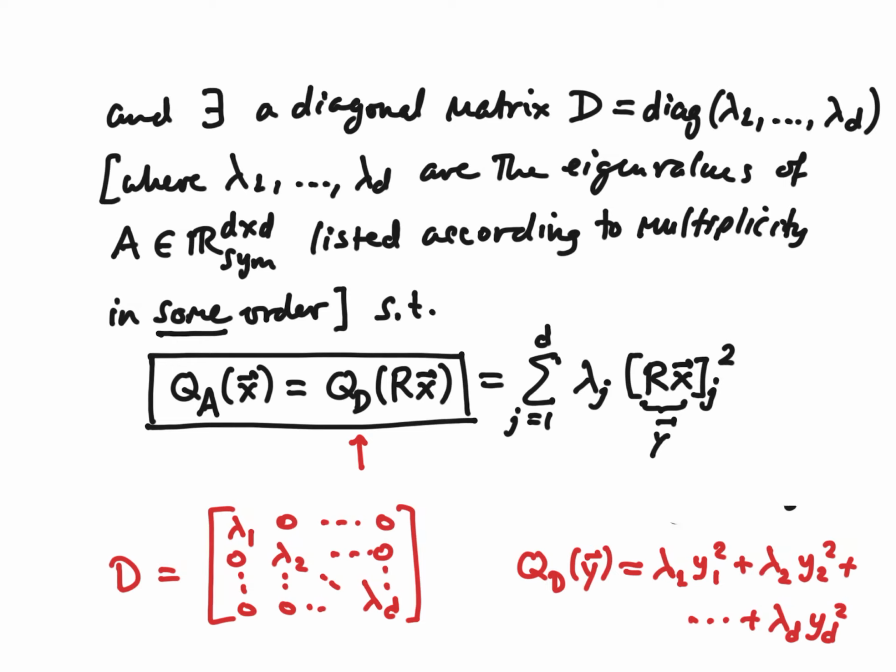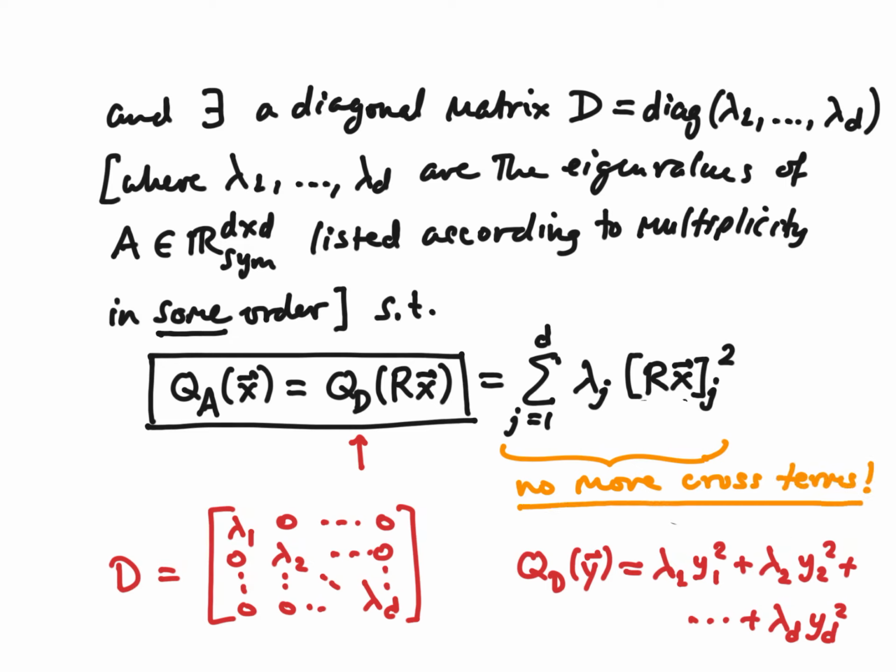That's a good way to understand the result: by doing this rotation, replacing x with R times x, you get the quadratic form written with pure square terms only. No cross terms. And that makes it much more pleasant to work with. Remember, the original quadratic form had cross terms, perhaps. It didn't have to, but it could have. But now this new quadratic form has no more cross terms, and that's good.